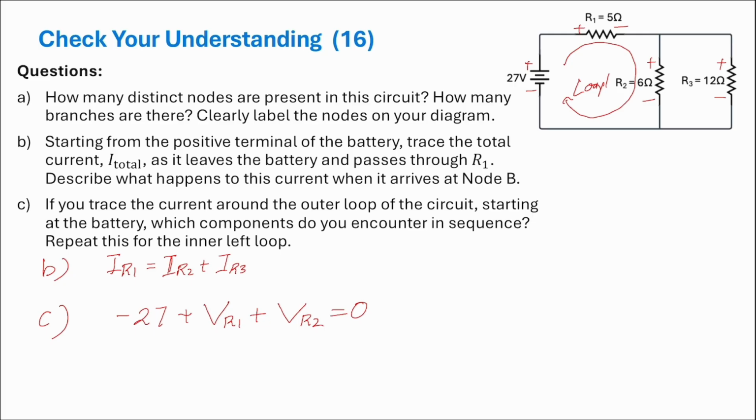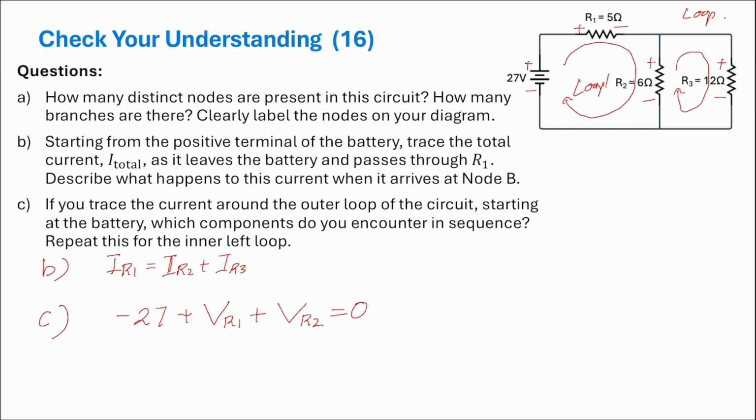Next, look at loop 2. The second loop, we call it loop 2. Now remember, this loop is the loop we choose to analyze the circuit. These loops don't have to be in the same direction as the current.